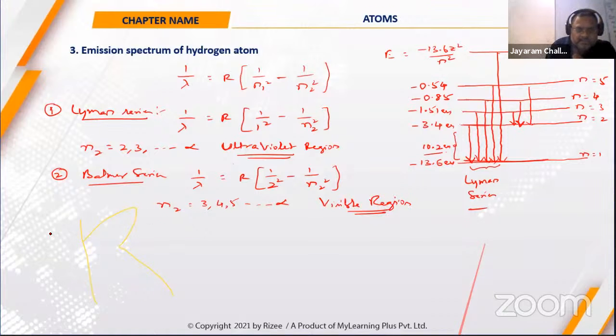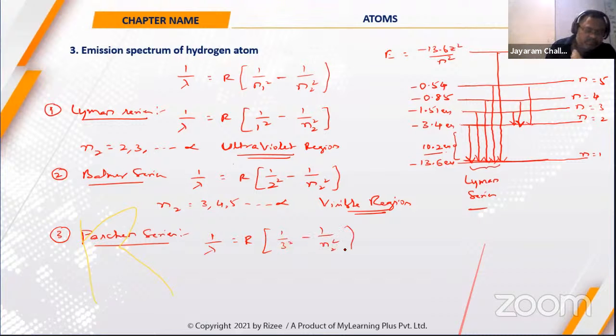Like that, the third type of series is the Paschen series. Coming to the Paschen series, 1 by lambda, there will be a transition of charges from the higher orbits to only the third orbit. You can call it the Paschen series. These are the Paschen series conditions.